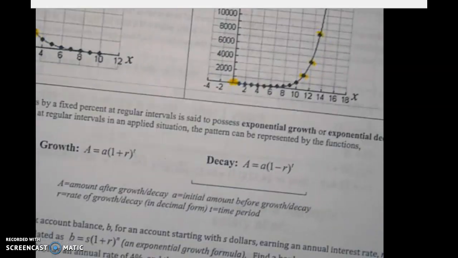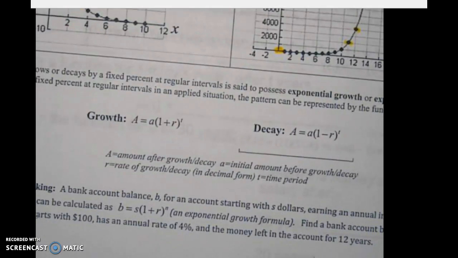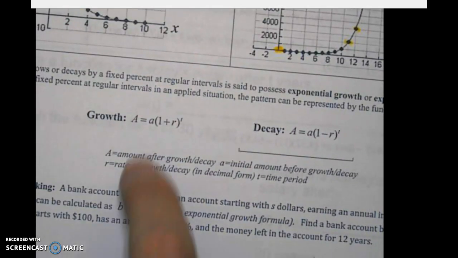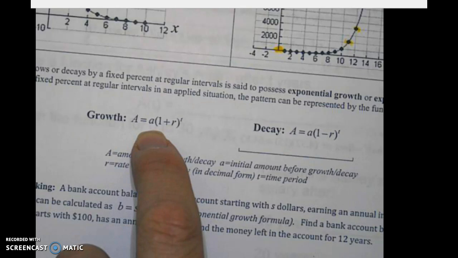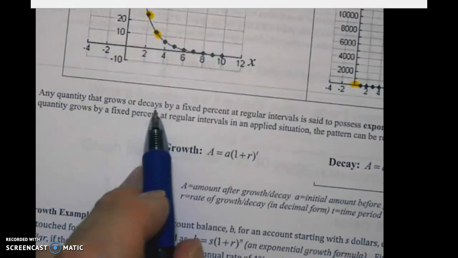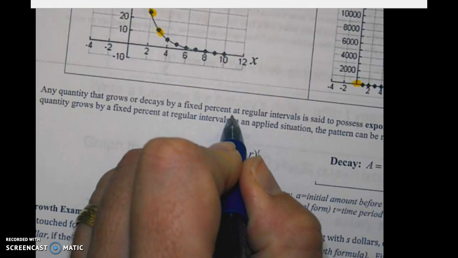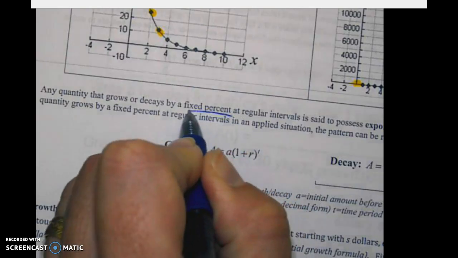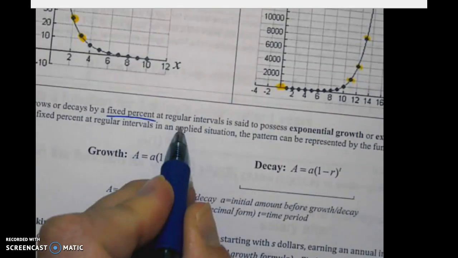So when you're writing an equation from a problem, you're going to be using this formula here. Any quantity that grows or decays by a fixed percent at regular intervals is said to possess exponential growth or exponential decay.